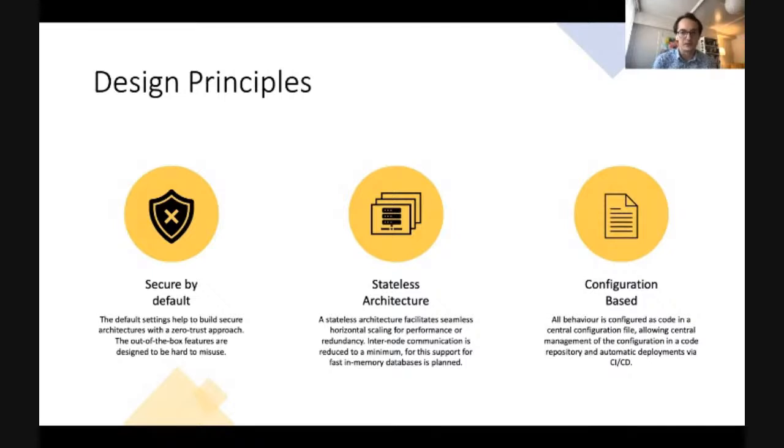This means two things. First, all the default settings are selected in such a way that they follow best practices and help you design a system with a secure zero trust approach. Of course, you can always change settings, but the defaults are selected in a secure way.